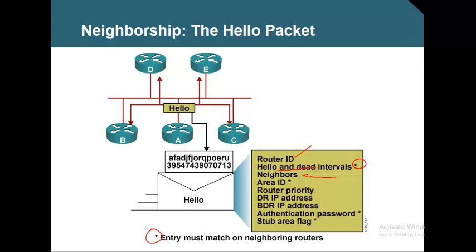When a neighbor router sends a hello packet, I compare my own area to the hello packets of my neighbor. When it matches, I accept. Otherwise, I deny. So so far we have seen 4. In that 2 should match. What are they? The area ID and the time interval.